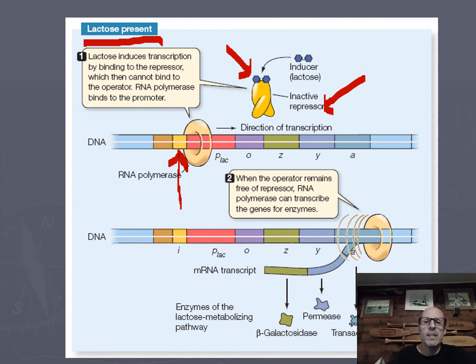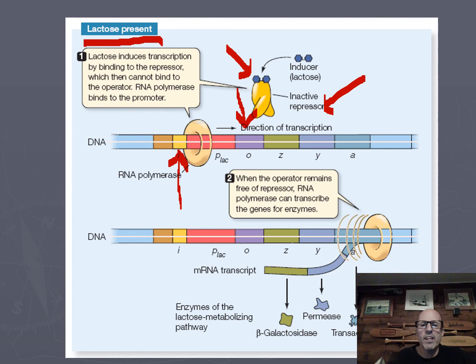When the lactose binds to the repressor, it actually stops it from being able to bind to the operator right here. So it's the sugar itself that ultimately turns off the production of enzymes that break it down.